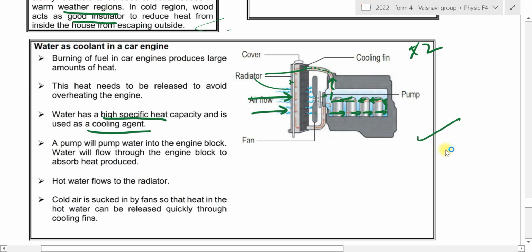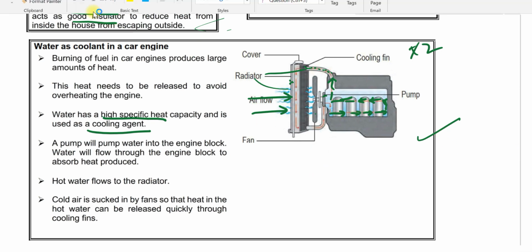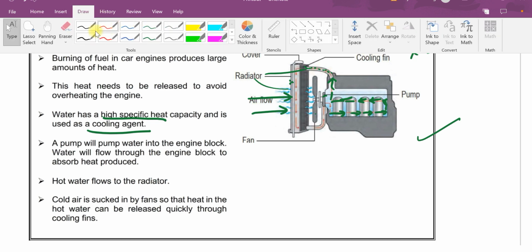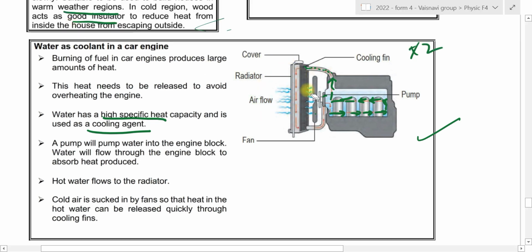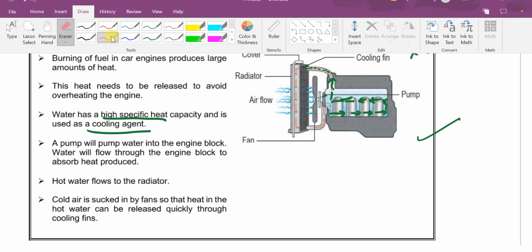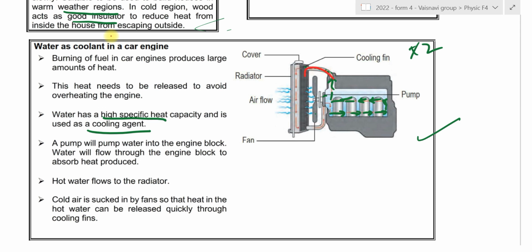The cold air is sucked by fans means dari luar. Ni dia panas kan? Dia dah masuk radiator. Radiator dekat sini kan? Masa tu memang enjin kita akan merangkap udara dari luar. Dekat sini panas.